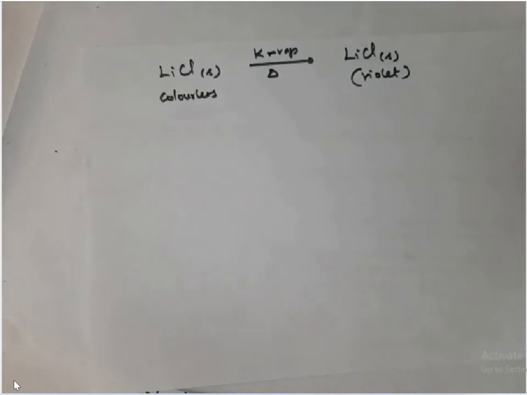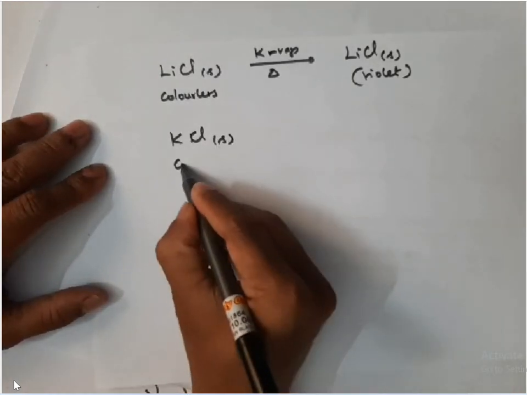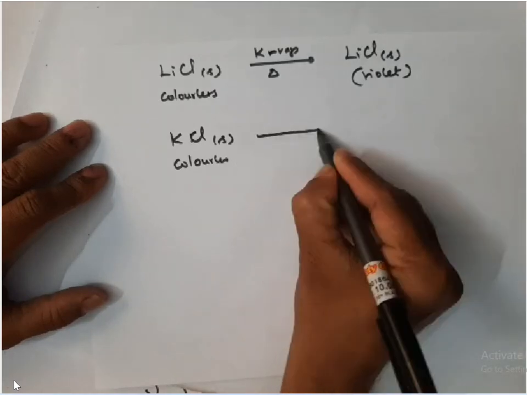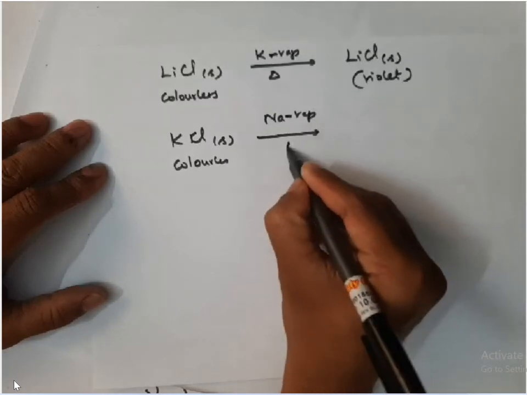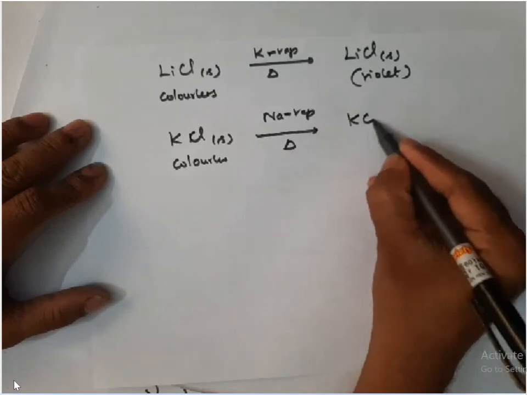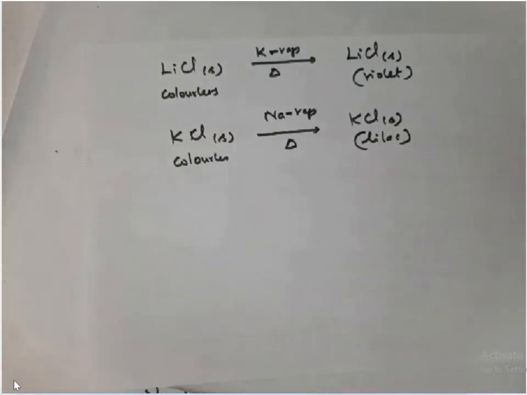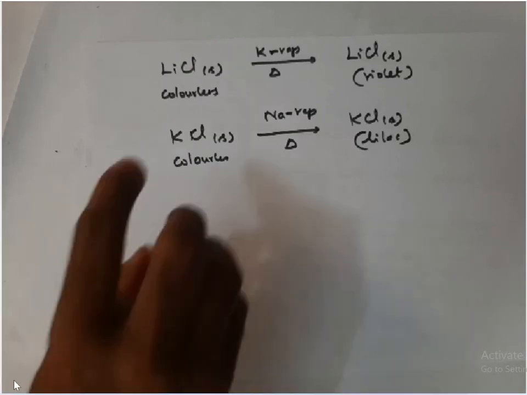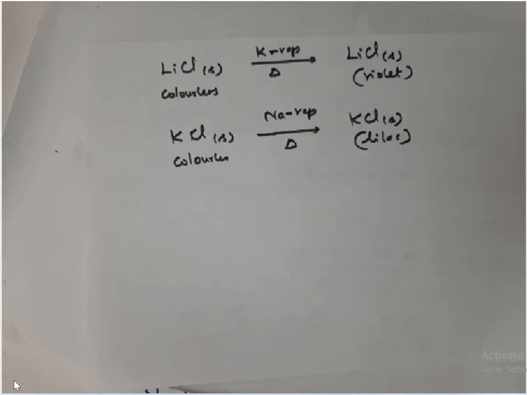Sodium chloride becomes yellow, lithium chloride becomes violet, and similarly, potassium chloride solid, also colorless, when heated with the alkali metal vapor, gives a lilac crystal. Pure crystal is colorless, but on heating these alkali metal halides in the presence of the alkali metal vapor, you will get color.